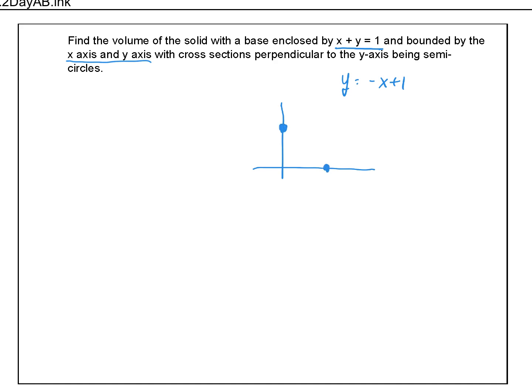I go from here to here, and there's my line. And then I'm bounded here and here. So my base is a triangle. It doesn't matter that it's a perfect triangle, but that's just what it is.